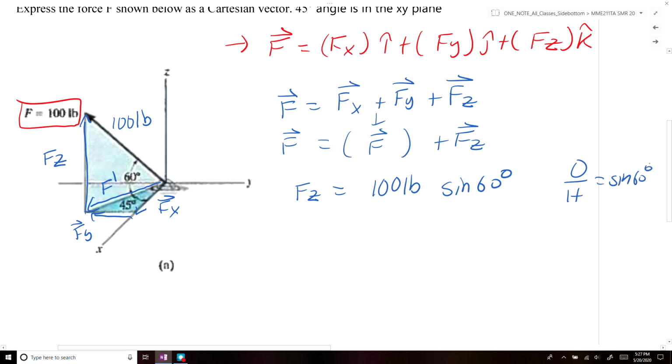We multiply both sides by 100 pounds, and we get Fz equal to 100 pounds times sine of 60. Sine of 60 degrees is radical 3 over 2, so we get 50 times radical 3, which is equal to 86.603 pounds, which we round to 86.6 pounds.